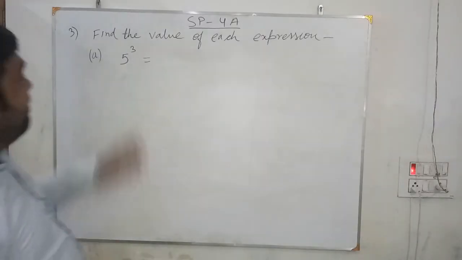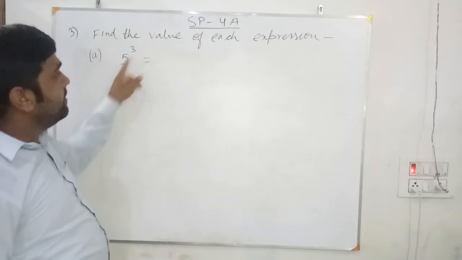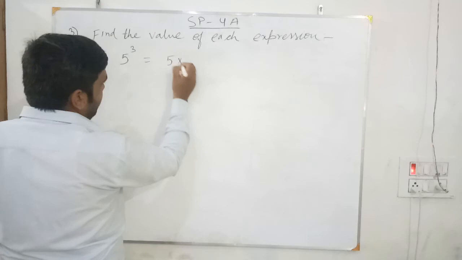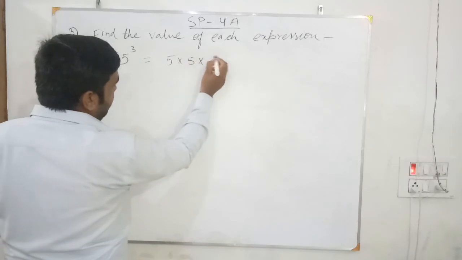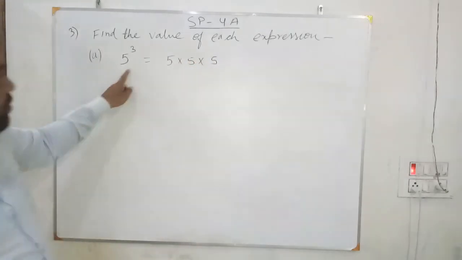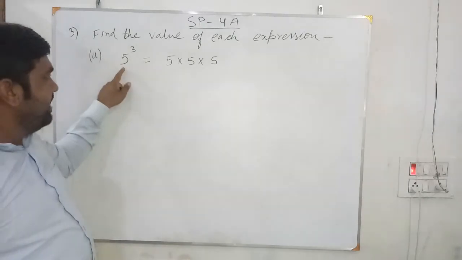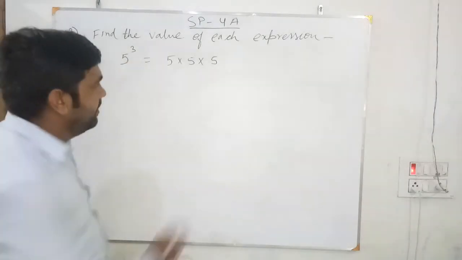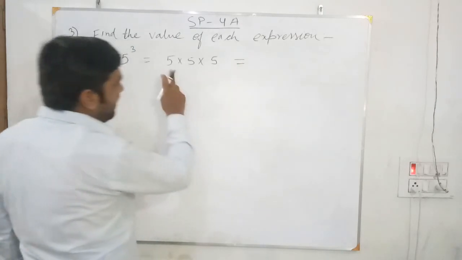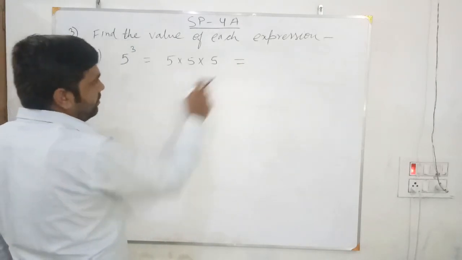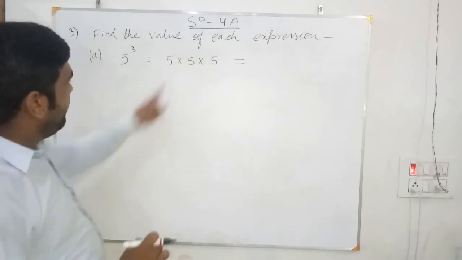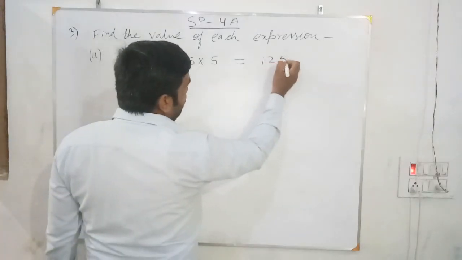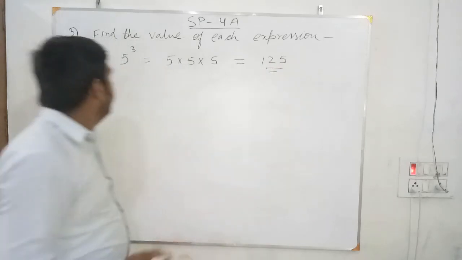This means 5 is multiplied by itself 3 times: 5 multiplied by 5 multiplied by 5. 1, 2, 3. So 5 fives are 25, 25 fives are 125. So the value of this expression is 125.